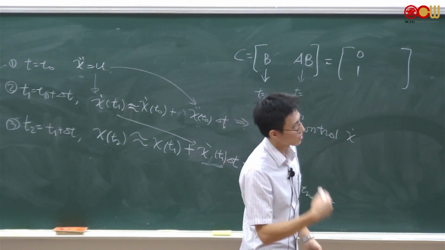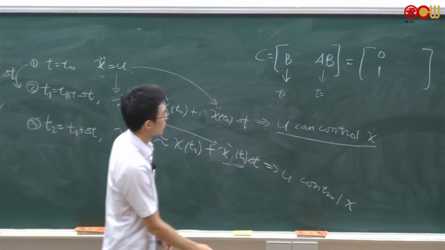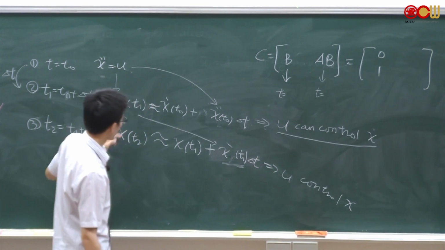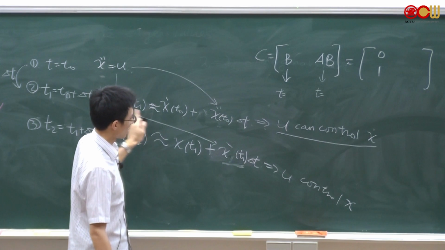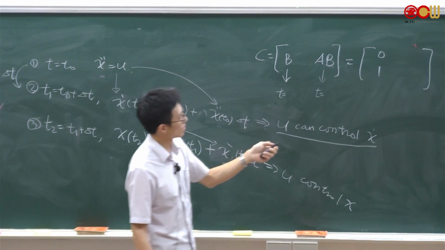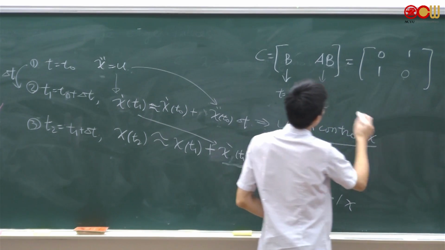But as t goes to the next step, you can control x dot. And x dot is the second element, right? So in the next time, this state, which is controlled by the control, can affect the first element here. So it becomes 1, 0.